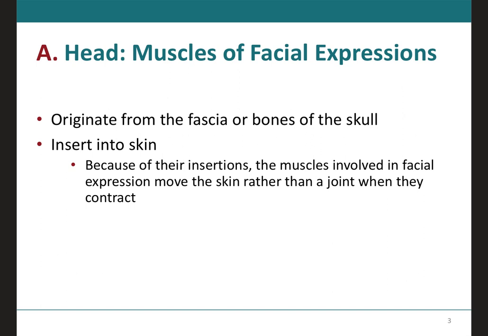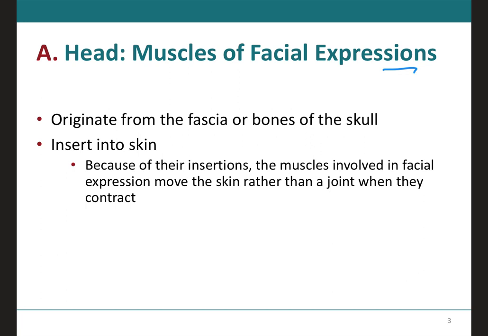Let's start with the muscles for facial expression. Many of these muscles will insert into the skin that's surrounding either the eyelids, the nose, or the mouth, and they will produce what we call facial expressions by moving the skin rather than the bones. When we get to the muscles of the appendicular, they will go from bone to bone, crossing a joint.